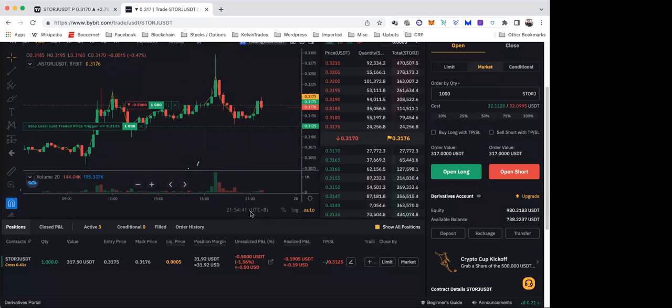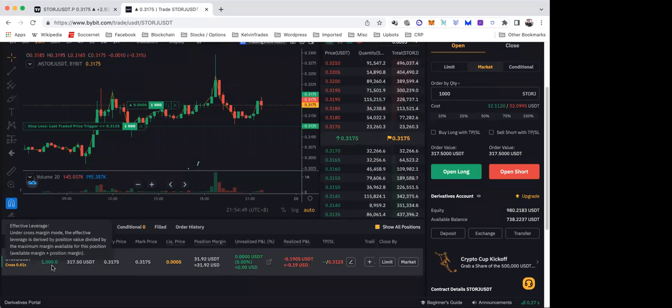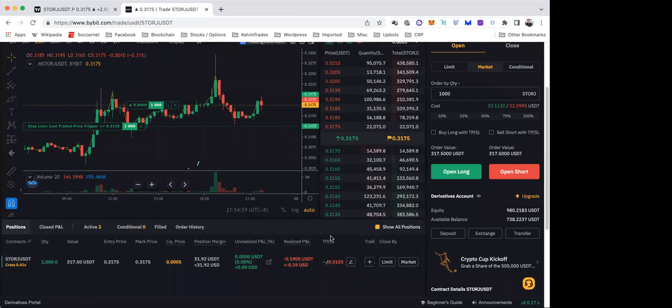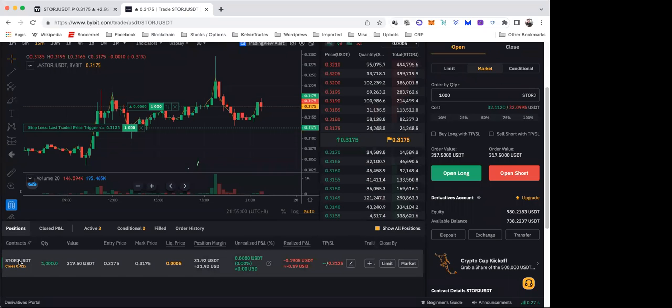Kelvin, check with you. When you click on the market, then you selected the cross. You didn't change to isolated, right? So the proper way is to change to isolated first before you key in the price. Done.